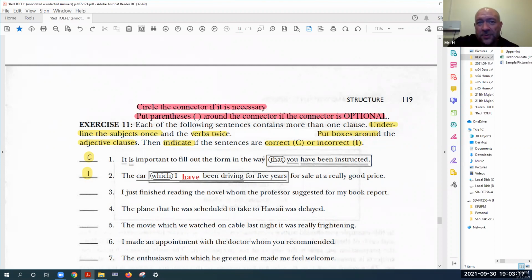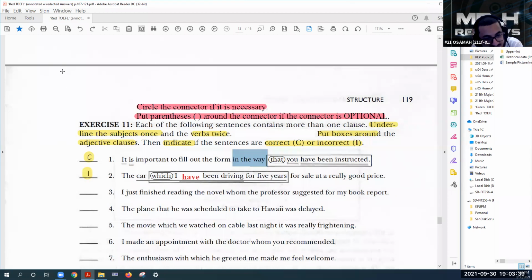Why is it formula 3? The way follows the preposition. Basically formula 2 and 3 are pretty much the same, right?